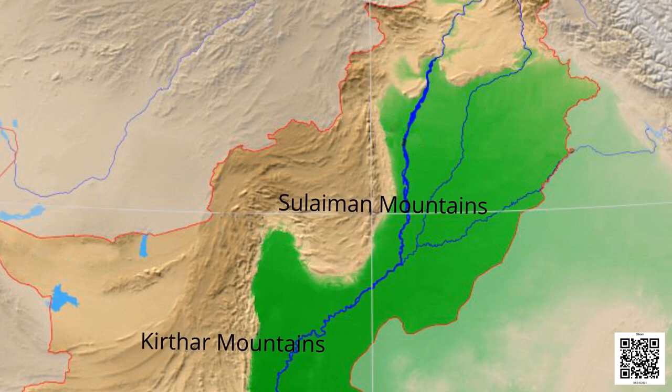The Suleiman Mountains are the southern extension of the Hindu Kush mountains and rise to form the eastern edge of the Iranian plateau and the northeastern edge of the Balochistan plateau.